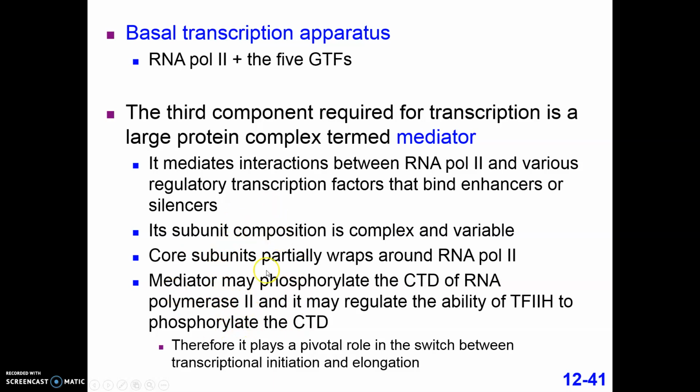The mediator is also involved in the phosphorylation of this carboxy terminal domain. It says here the mediator may phosphorylate it, and this all comes down to what is being included in this mediator complex. So again, it's complex and variable. Some of those variables have phosphorylation capacity.